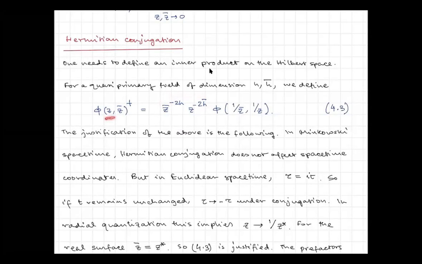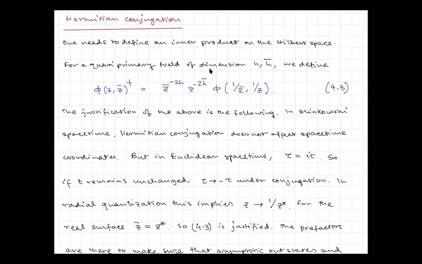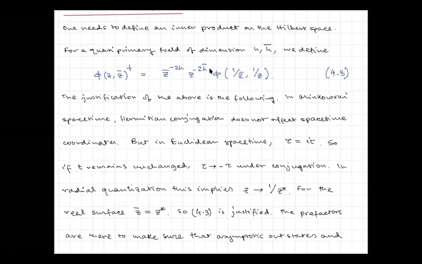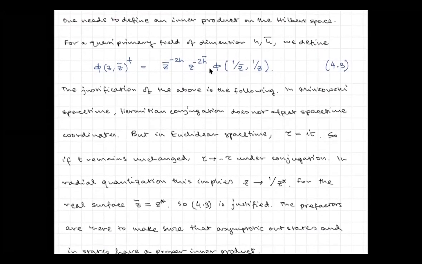It seemed that you also changed the spacetime coordinates, which is a little unfamiliar from the usual Minkowski perspective, because Hermitian conjugation in Minkowski spacetimes does not affect these coordinates. But if you were looking at Euclidean spacetimes, as we argued last time, t was equal to i tau. So the fact that t remains unchanged means that tau has to go to minus tau under conjugation, and that led to z going to 1/z bar.